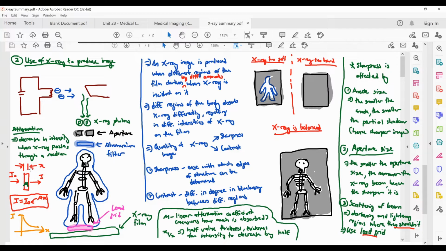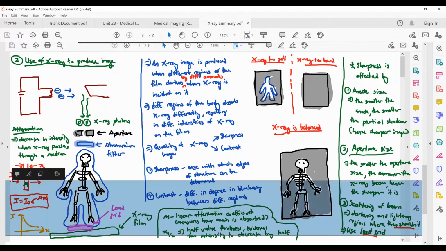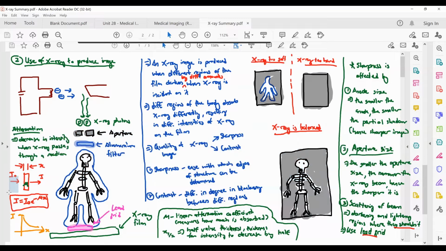So say for example, right now you have X-ray passing through a layer of medium of thickness x and with value of mu. I naught here is your incident intensity. Okay, you can think of it as your original intensity. After it has passed through the medium, the intensity will drop because the medium absorbs some of it.